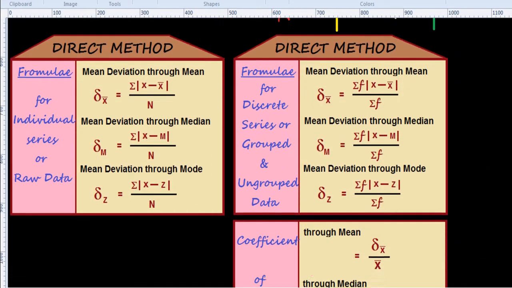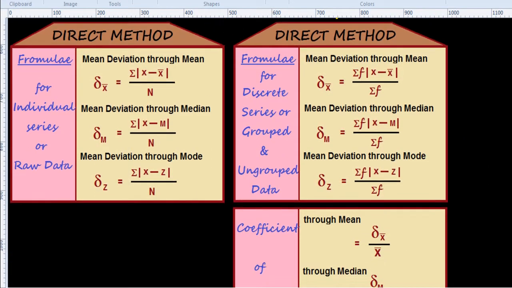Now I would like to tell you the direct method to find the mean deviation through this formula. First look at the direct method formulae for individual series or raw data. Mean deviation through mean, we have derived this formula above: delta x bar is equal to summation of absolute value of x minus x bar over n.